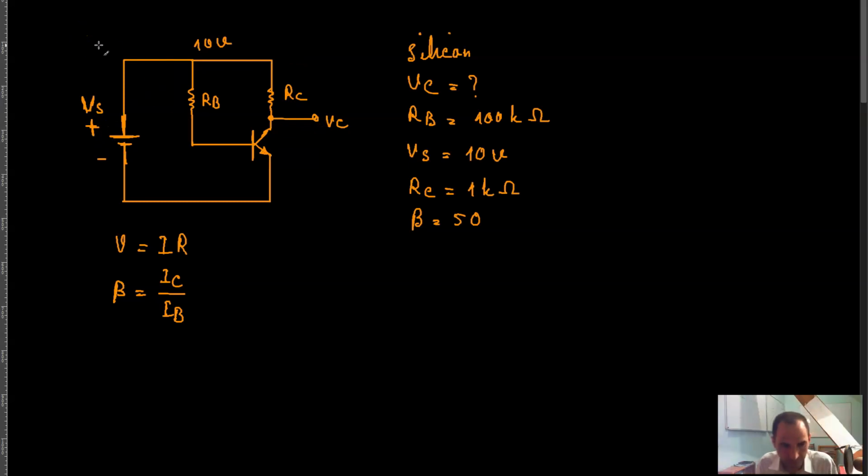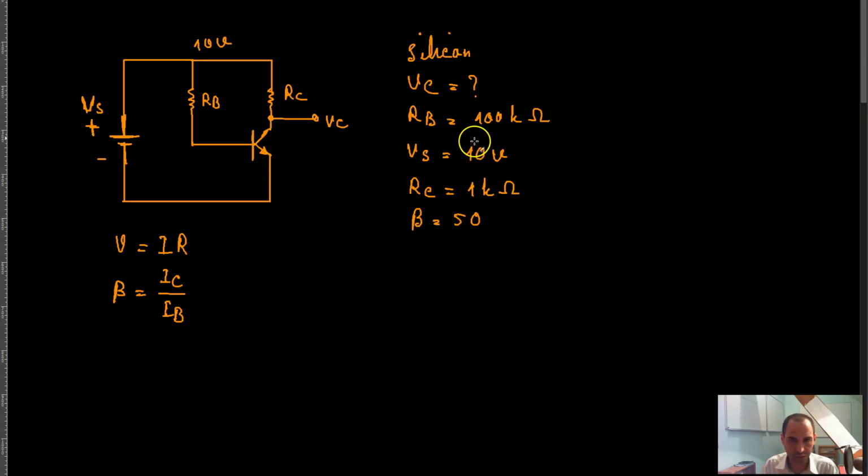Okay, so here basically what we want to do is that we know what is the supply voltage, 10 volts. We have a resistor here, we know the value of, we have a resistor here, we know the value of, we know the beta of this transistor.